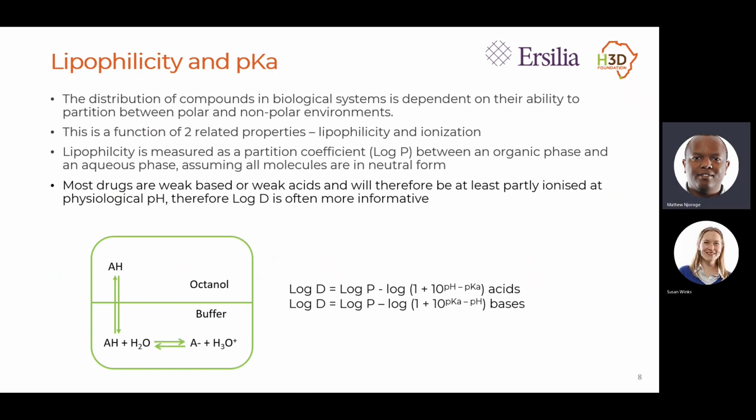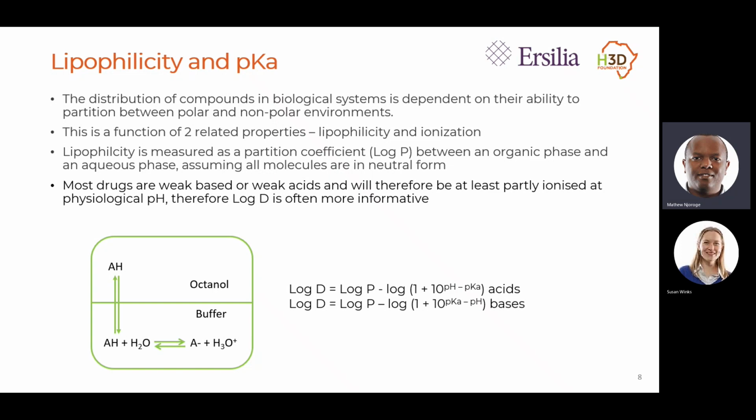Most commonly, we measure lipophilicity across water and octanol, but because most compounds we use in drug discovery have a weakly basic character, we have to think about how the ionization of those compounds is going to change how they distribute between aqueous layers and non-aqueous layers.